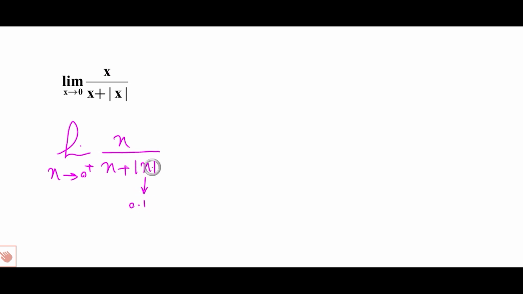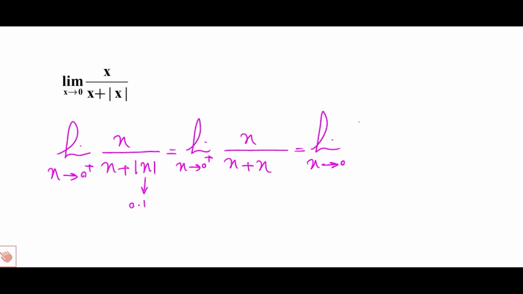So we just drop the bars and we have the limit of x over (x plus x) as x approaches 0 from the right. x over (x plus x) is equal to x over 2x, and we have 1 over 2.